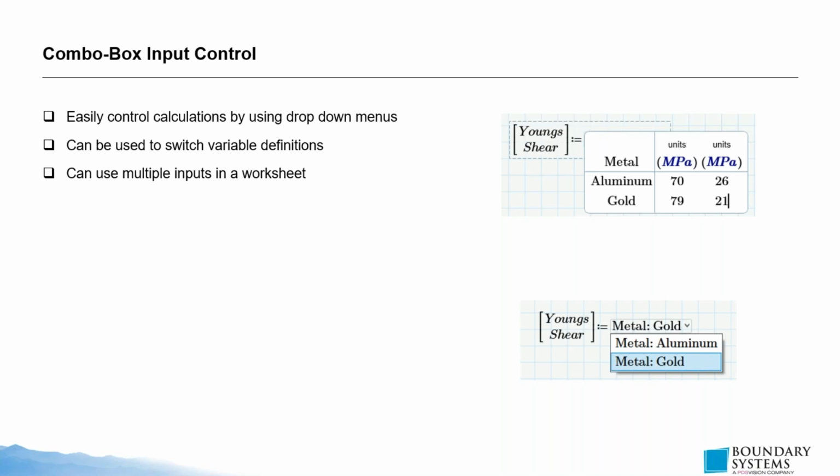It allows you to easily switch between variable definitions. So you can set a variable equal to this table, and then you can use the table drop down to select which value you're using in your calculations. And you can use multiple different types of combo box inputs and use these values throughout your worksheet. We'll see a little bit of an example of that towards the demo session.